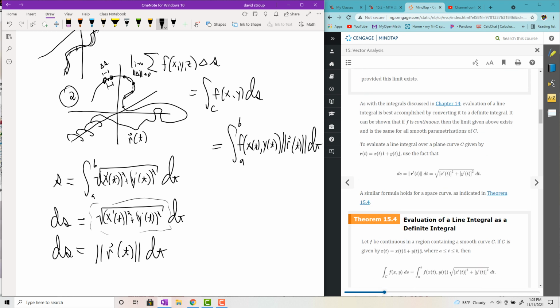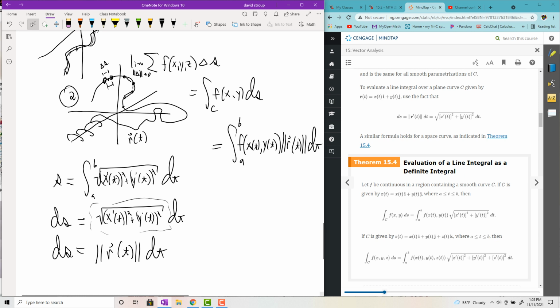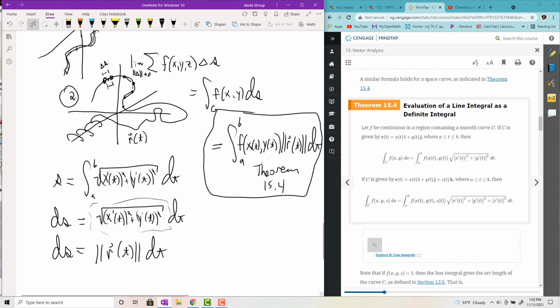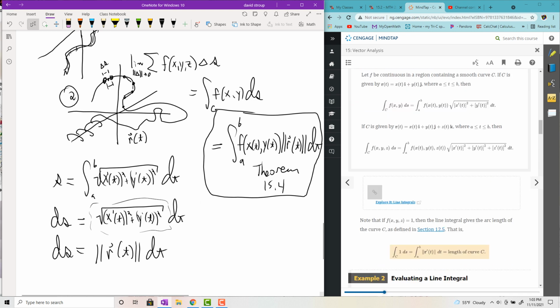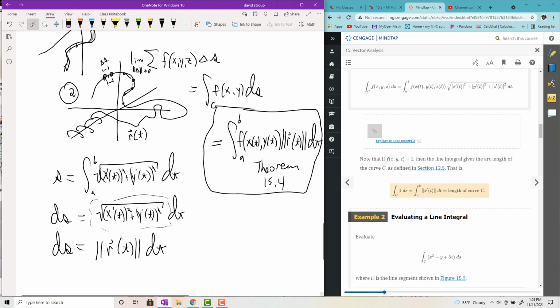You'll see that in theorem 15.4. This is the 2D version, and then there's also a 3D version, which isn't very different.